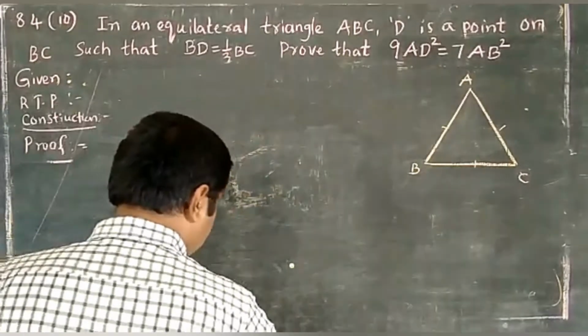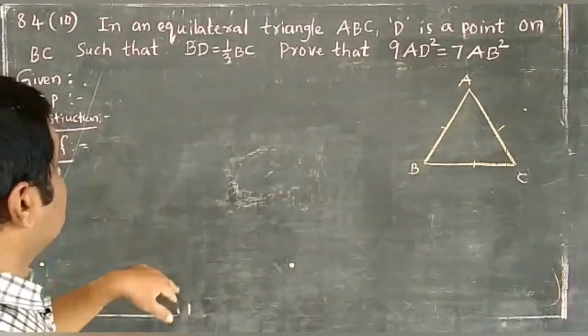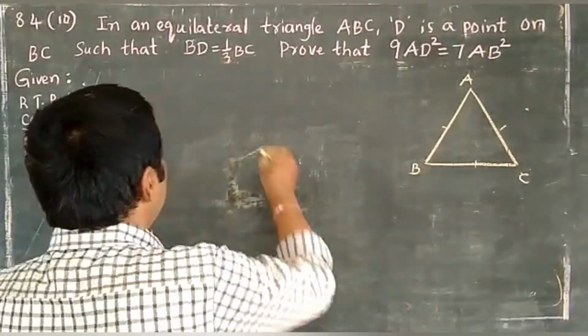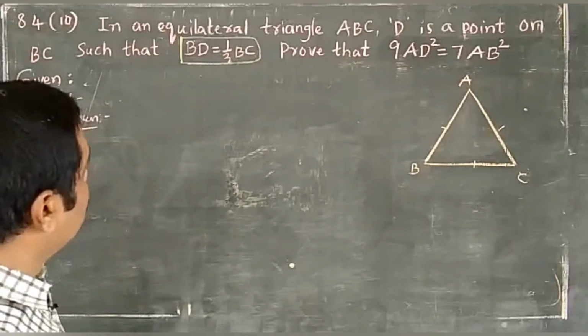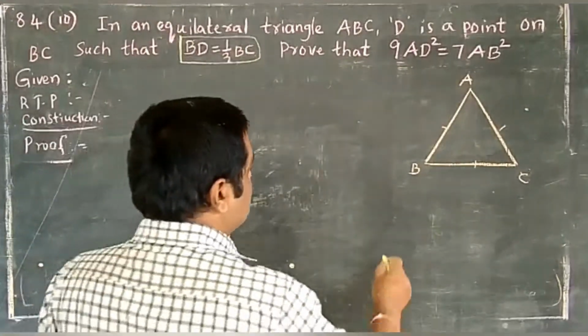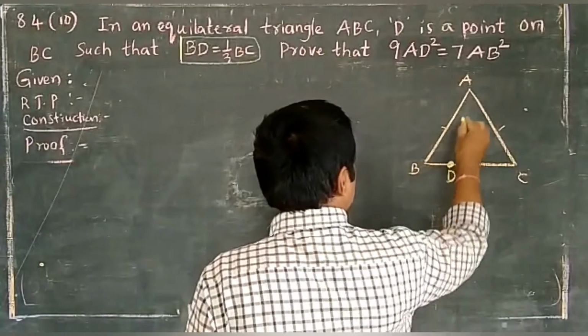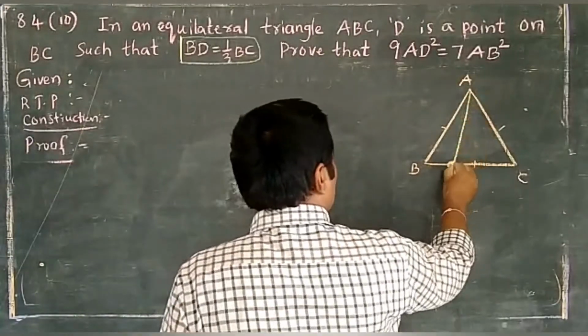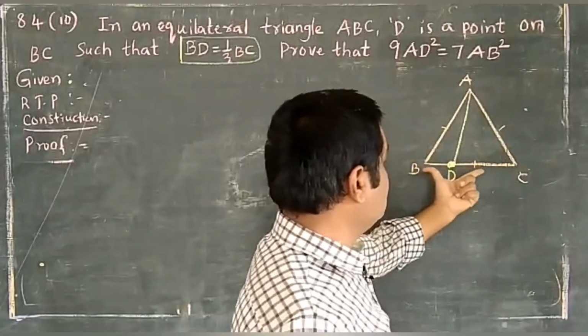We have to mark a point on BC such that BD is equal to 1 by 3 BC. That is why I am marking the D point here. That is the clue: BD is equal to 1 by 3 of BC.